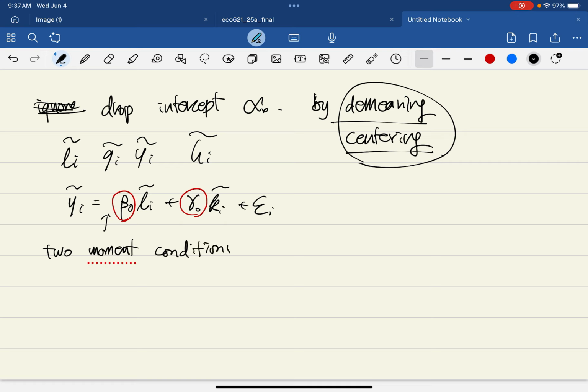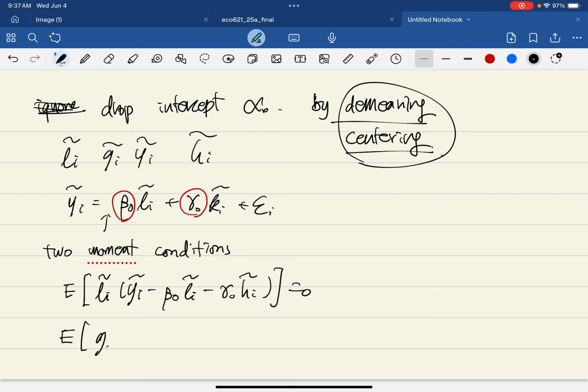That is, expectation of Li tilde times Yi tilde minus beta 0 Li tilde minus gamma 0 Hi tilde equals 0, and Gi tilde times Yi tilde minus beta 0 Li tilde minus gamma 0 Hi tilde equals 0. So we only have these 2 moment conditions.